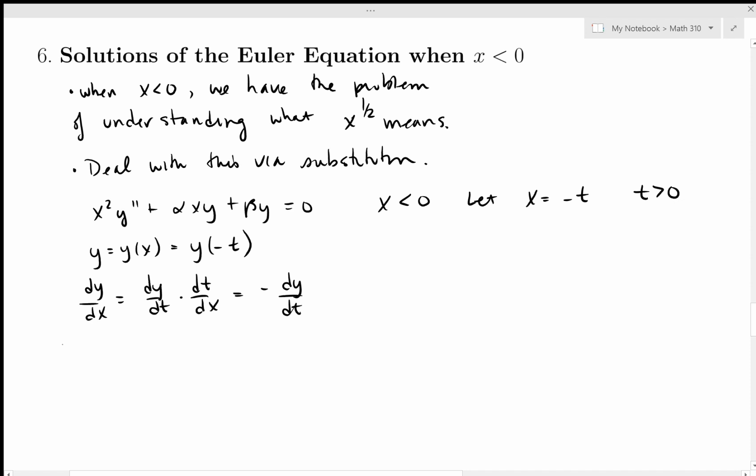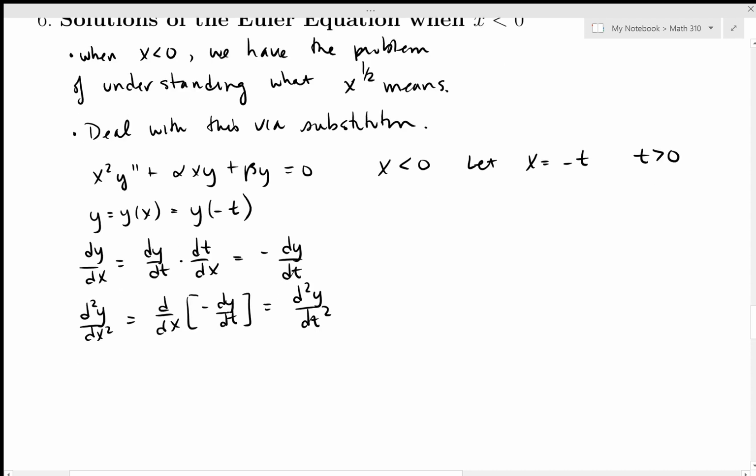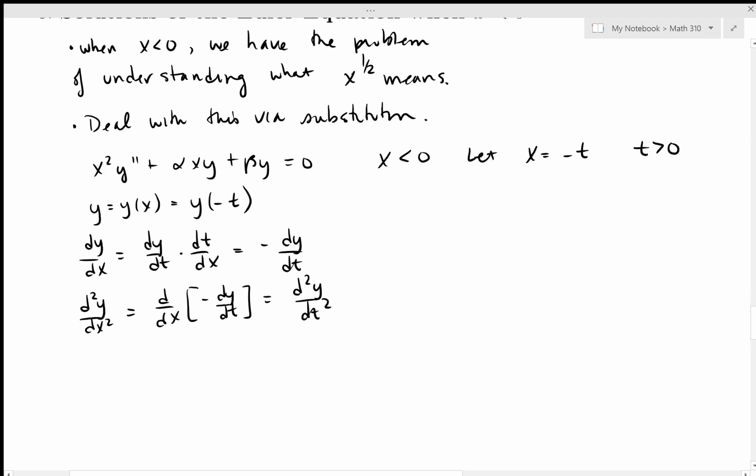And then I take the second derivative, d2y by dx squared, the derivative with respect to x of minus dy by dt, and I employ the chain rule, and I find that this is d2y by dt squared. Then I make the substitution, and I get what? x is minus t, so x squared is t squared.